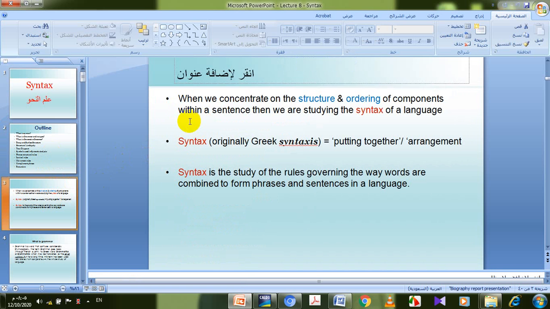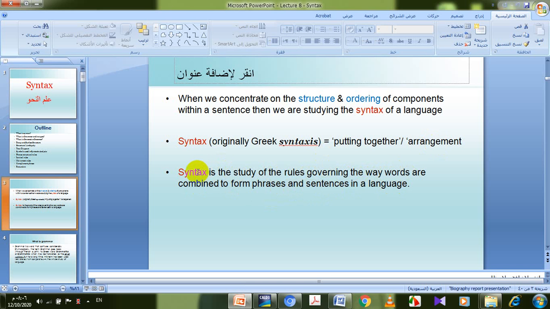First of all, let's see the concept of syntax. When we concentrate on the structure and ordering of components within a sentence, then we are studying the syntax of a language. So the syntax of a language concentrates on structures and ordering of the components within a specific sentence. Okay, syntax, originally Greek, syntaxis, means putting together. It means arrangements. So syntax is the study of the rules governing the way words are combined to form phrases and sentences in a language.